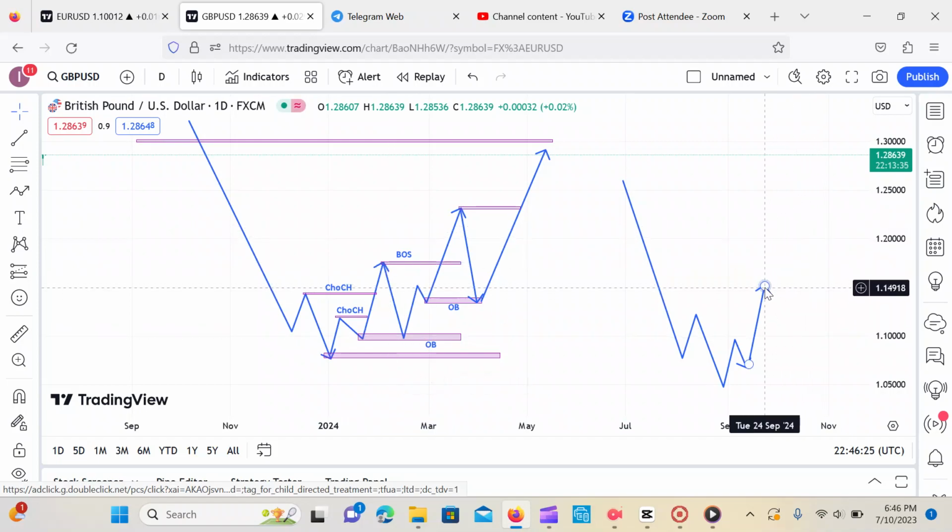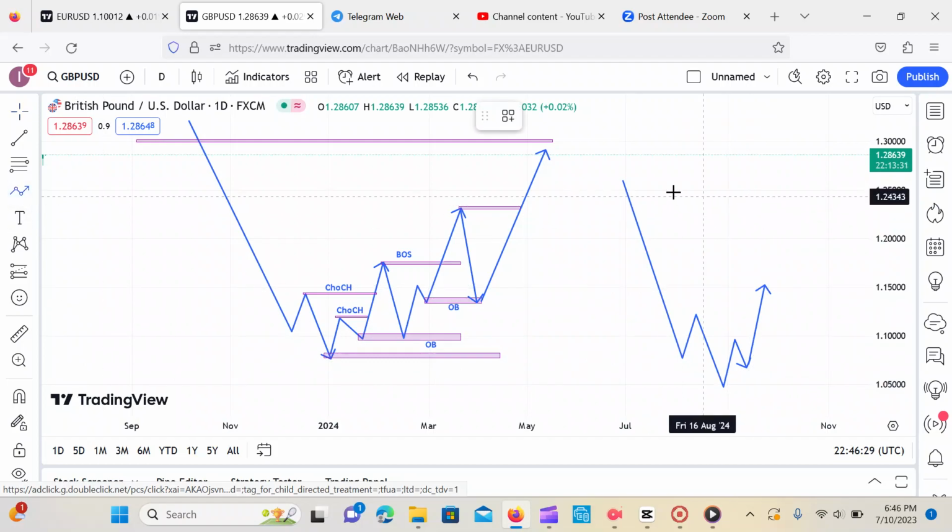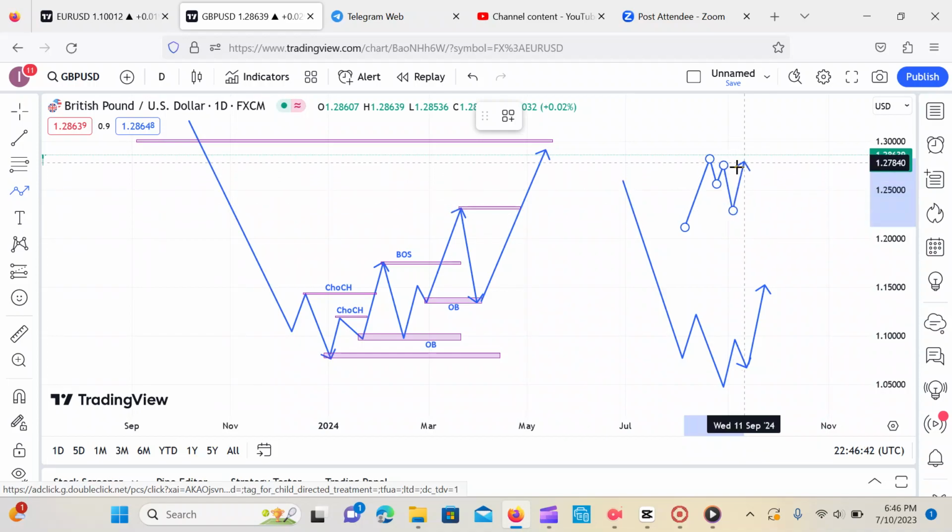At this particular area, before the price makes a reversal, you're going to see something like this. Price is going up. You're going to see something like this. This price will push to the upside, come down, and push back again to respect this order block right here in a smaller time frame.